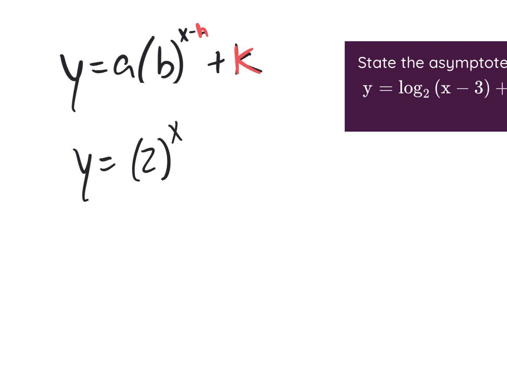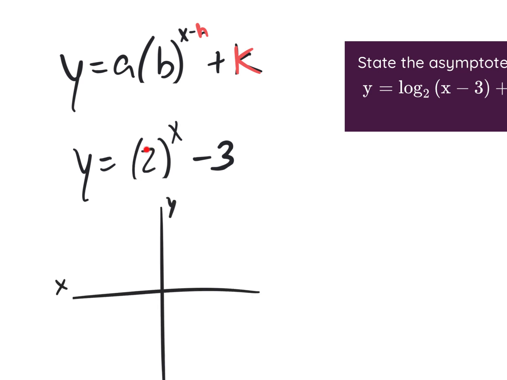Let's not put an h shift, but let's put a minus 3. What does that look like? On the xy plane, we know that this is an exponential growth function because the base is 2. And we also know that the asymptote is y equals k. Y equals k on an exponential growth function, which means the asymptote here is y equals negative 3.